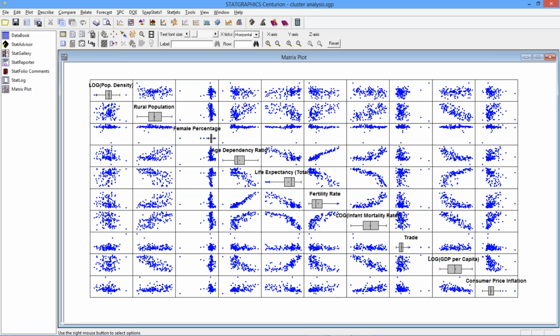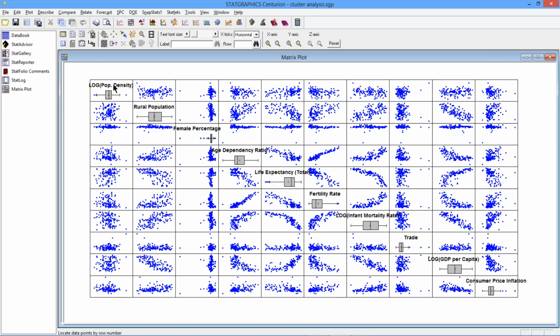If you haven't seen the matrix plot before, what it does is it takes all pairs of variables, and I'm actually going to be looking at 10 different variables today, and plots two variable scatter plots of each variable versus each of the other variables.